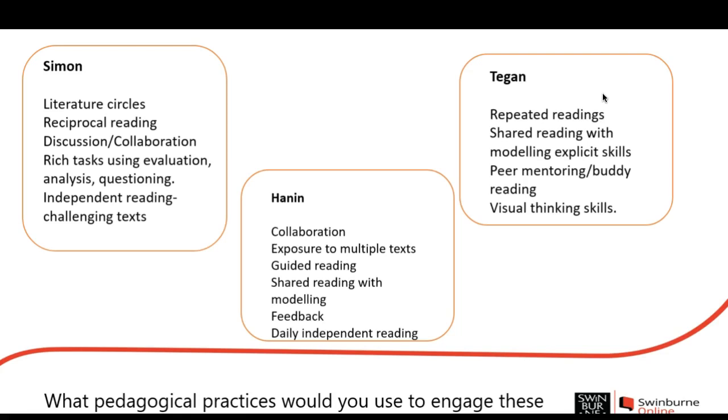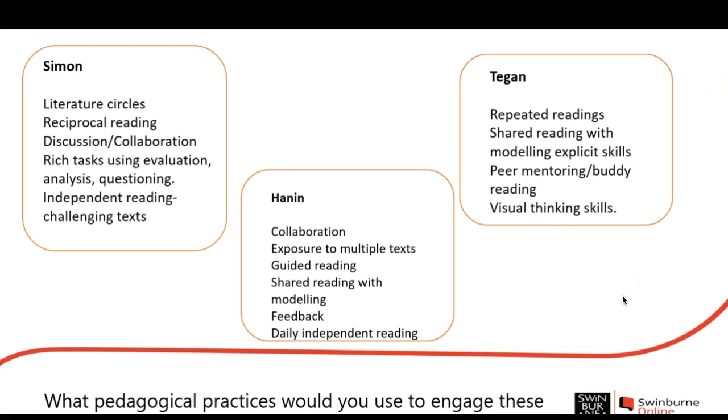It'd be great to give her lots of feedback at different stages in the lesson, as well as, of course, independent reading, which could be used for all three, just with a different focus, where Hanin's focus for the independent reading is multiple exposures to different kinds of genres and text to widen her knowledge, whereas Simon's focus is on challenging texts.